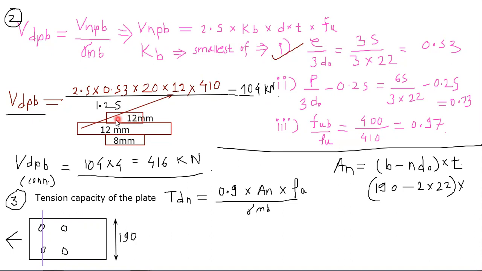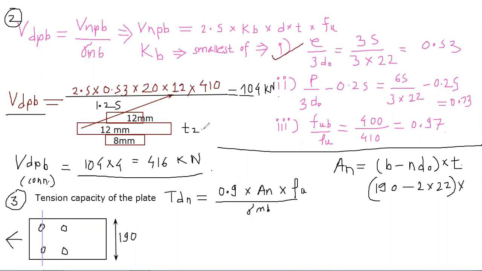T1 is the top cover plate, T2 is the bottom cover plate, and T is the thickness of your main plate. Okay. If T1 is smallest, then T is equal to T1. We will consider the smallest value out of these 2 cover plates. If T2 is smallest, then because there are 2 cover plates, check for T1 plus T2. Okay. This condition is also given in IS code.